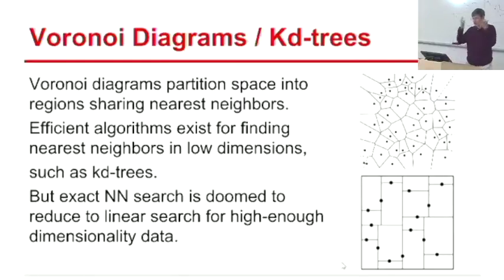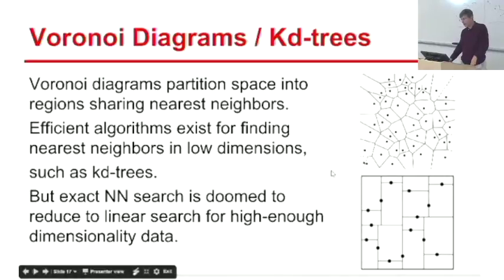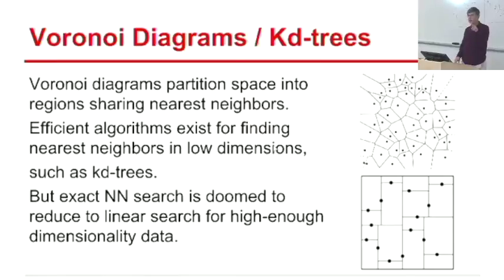As you get a high enough number of dimensions, what these boxes look like gets kind of weird in high dimensions. And the nearest neighbors can be many, many boxes away from where you actually are as the dimensions get larger, okay? So for very high numbers of dimensions, it ultimately reduces to linear search. Any questions?